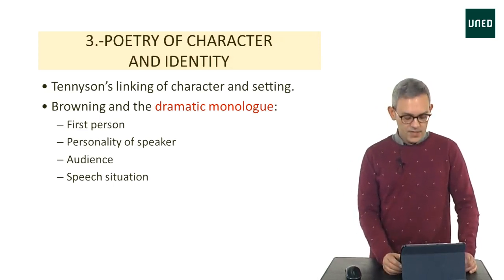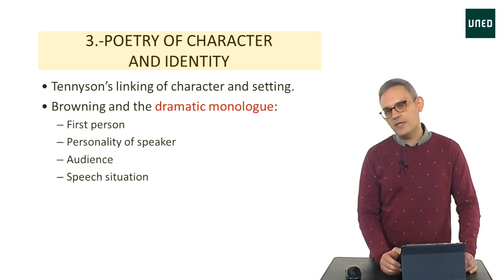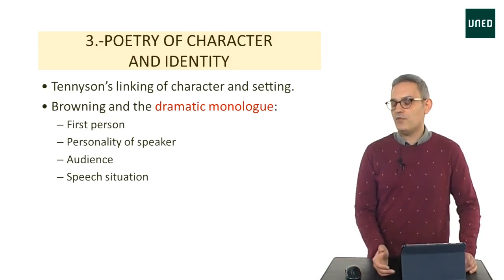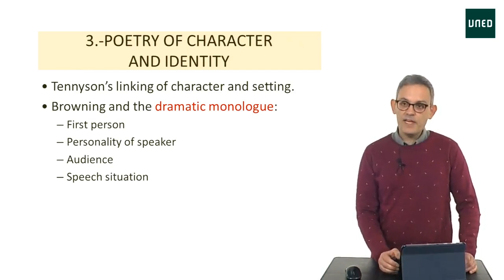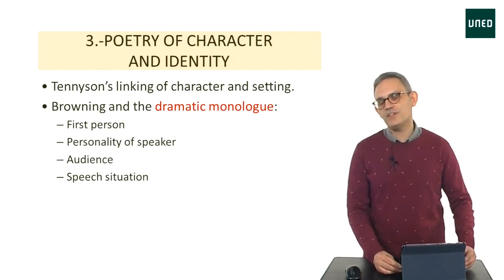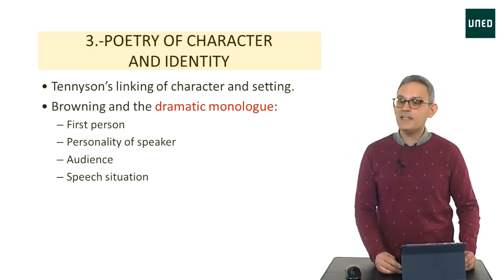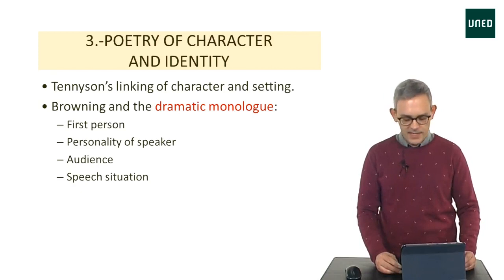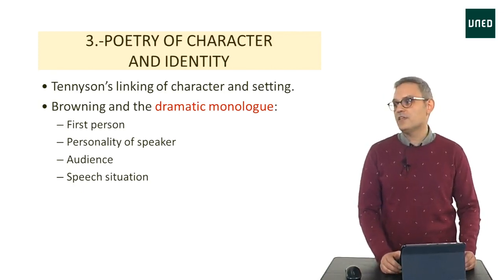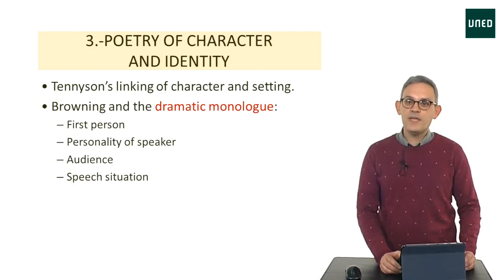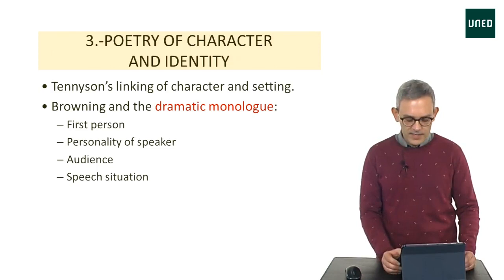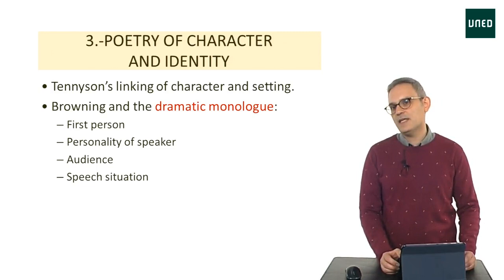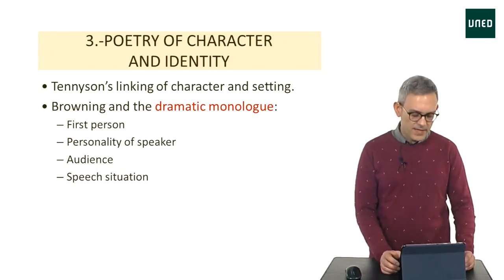The first person is used, but it cannot be identified with the poet. It is obviously the voice of a character. It conveys a vivid impression of the personality of the character, the main speaker. There is often an audience, which can be anonymous or can be another character, more or less recognizable. It can be one person, it can be several people, and this audience is addressed by the speaker.